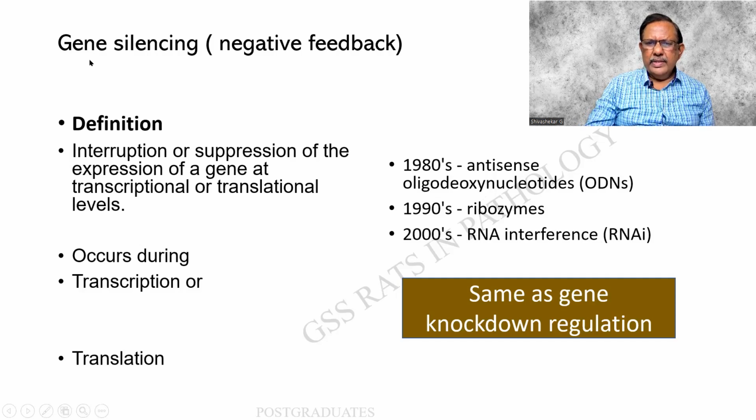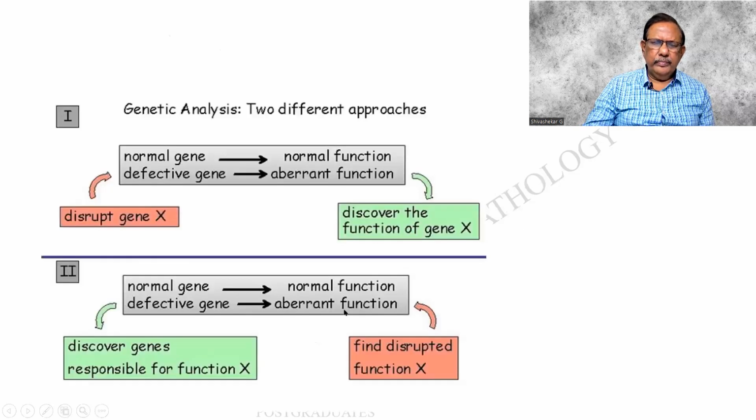So, gene silencing. Is it the same as gene knockdown or regulation? We shall see the difference. Now, there are two things over here. It looks more like a mathematical class. Gene analysis, two different approaches. The first approach is there is a normal gene leading to a normal function. In this case, there is a defective gene leading to an aberrant function. And this is being discovered.